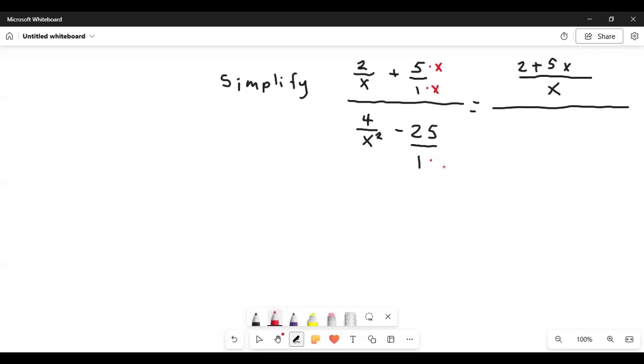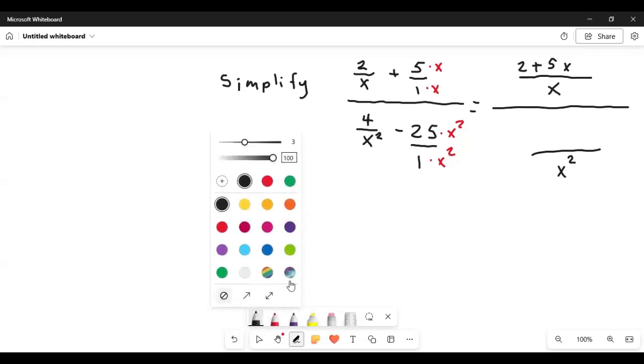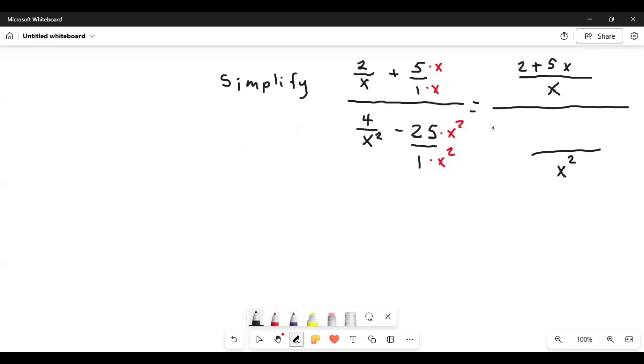So I have to multiply the second fraction by x squared on top and on the bottom. Now that the two fractions have the same denominator, the denominator is going to stay the same, it's x squared, and on top we have 4 minus 25x squared.